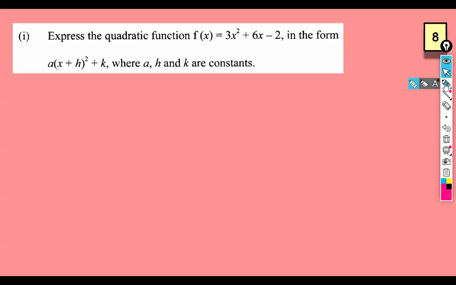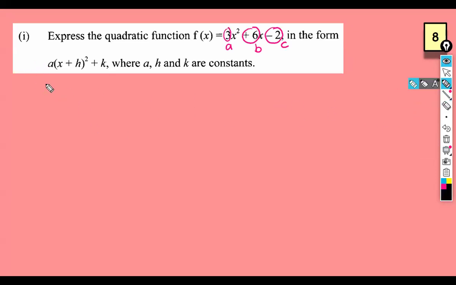Express the quadratic in what we call vertex form. Whoever is touching x squared is A, whoever is touching x is B, and the item without x is C. It's just a matter of memorizing the formulas.